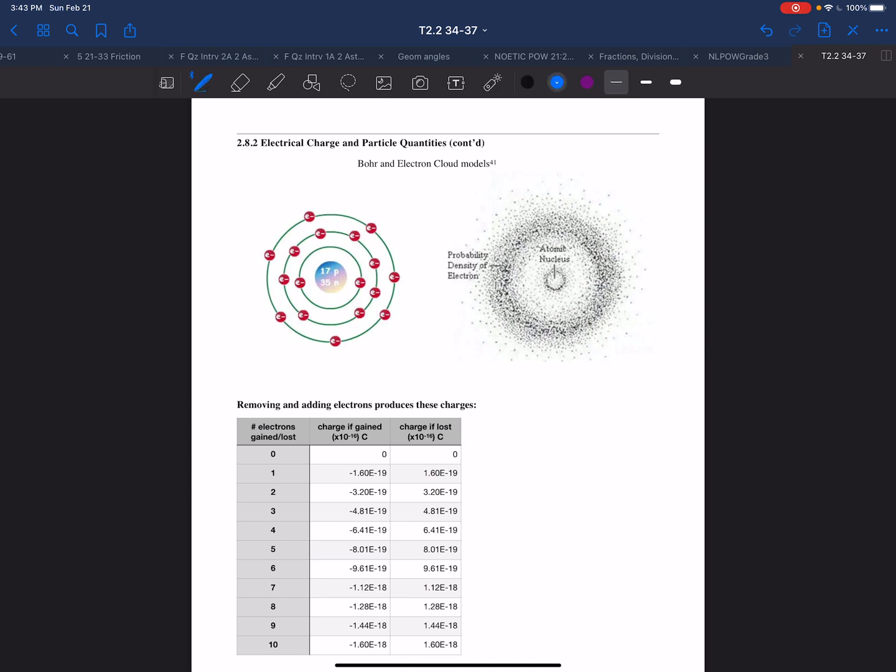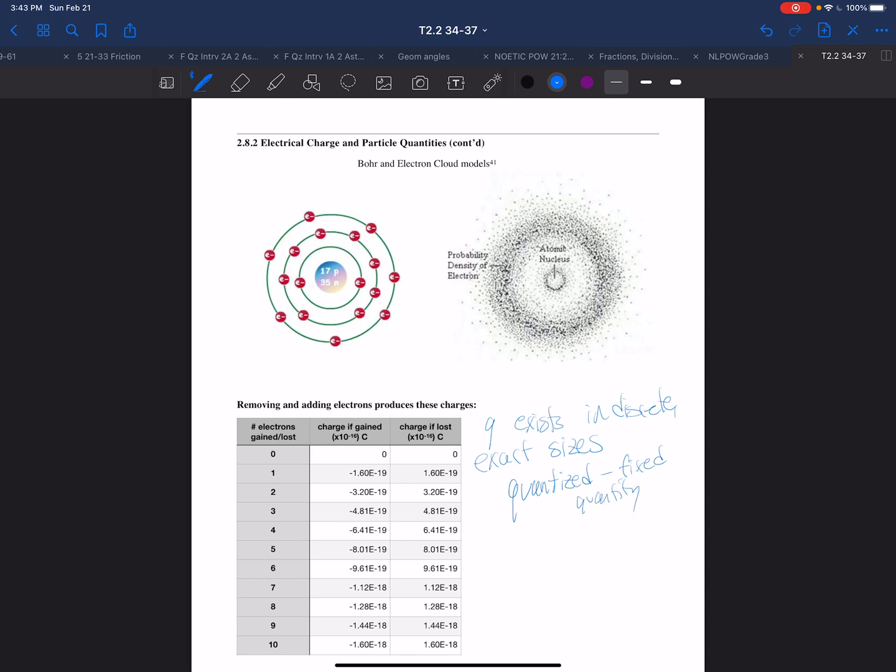And so here is what's not obvious. Charge exists in discrete exact sizes. So we say it is quantized. It's a fixed quantity.